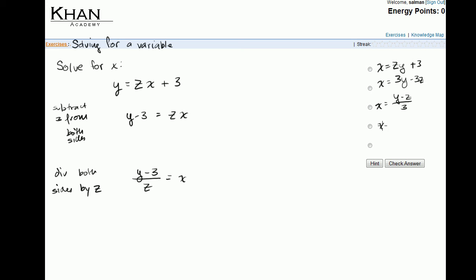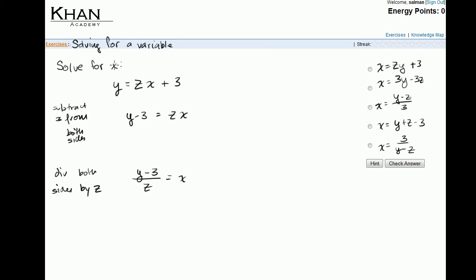You could have x is equal to y plus z minus 3, just random combinations of all of this stuff. And then x is equal to 3 over y minus z, maybe the inverse of that. So just be creative in the choices. That would be one type of problem.